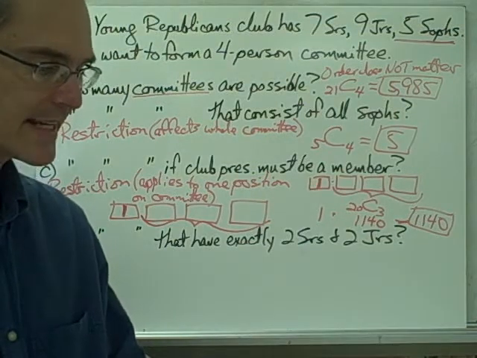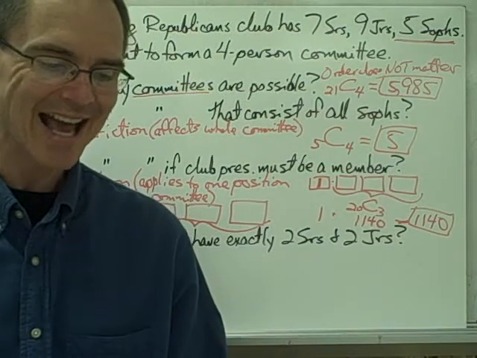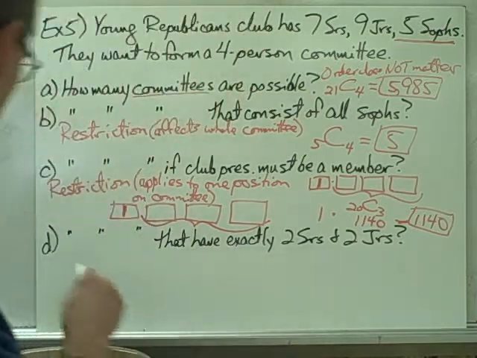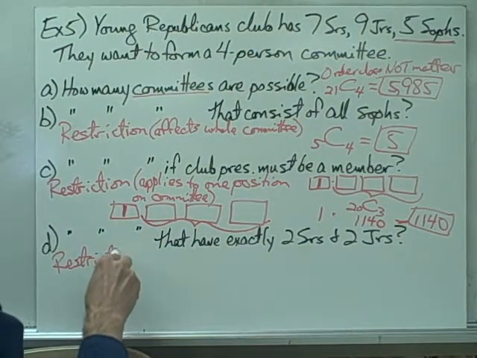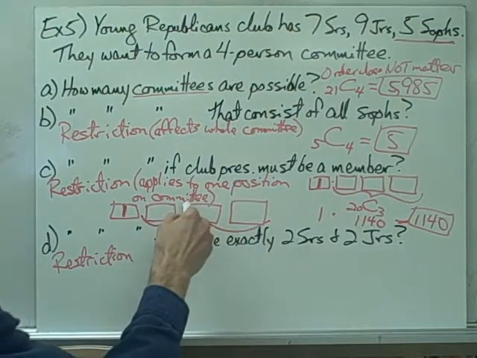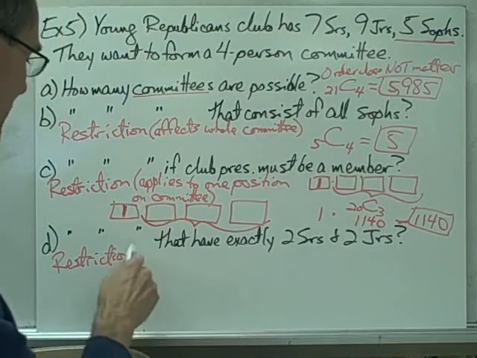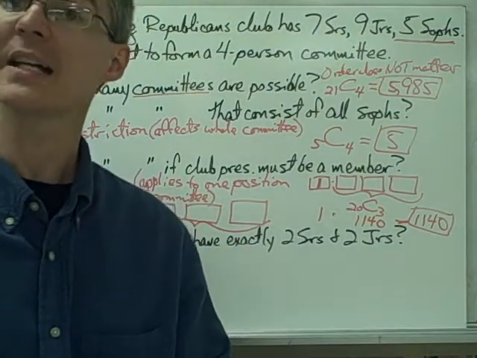All right, part D. How many different committees could be formed if the committee must contain exactly 2 seniors and 2 juniors? Again, I've got a restriction, and it applies not just to one position but to a couple of positions. But the important thing is this restriction kind of splits up my committee.